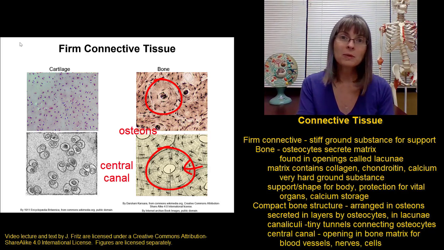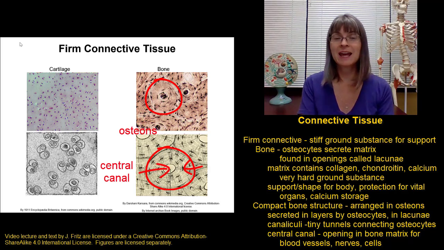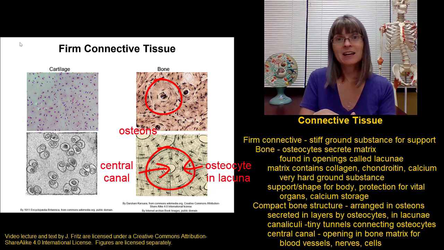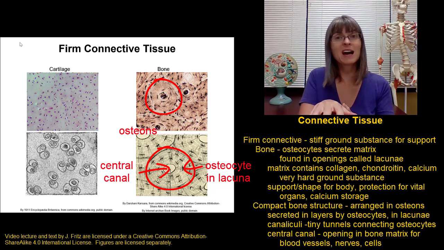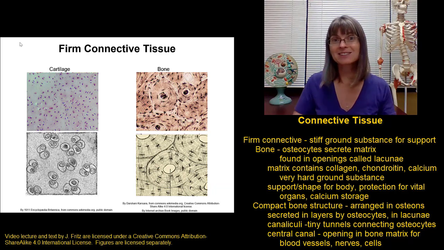Osteons tend to have an opening in the middle here called the central canal, and blood vessels run through these canals. The canaliculi, or the little tunnels, extend from the osteocytes to that central canal, allowing the bone cells to have access to circulation so they can get nutrients and get rid of wastes.